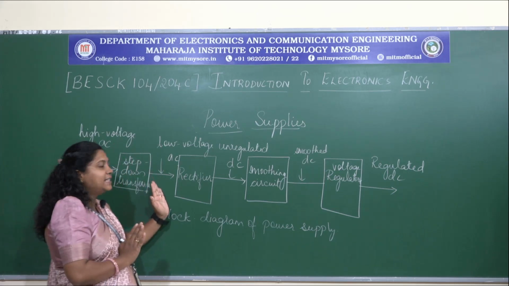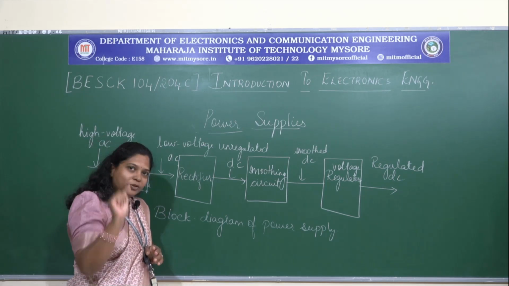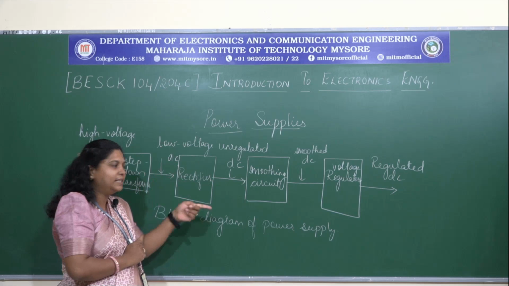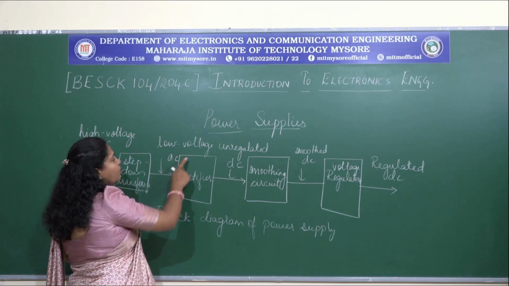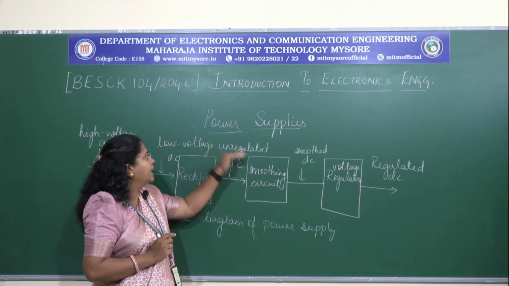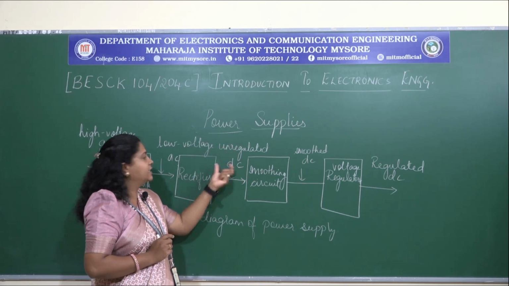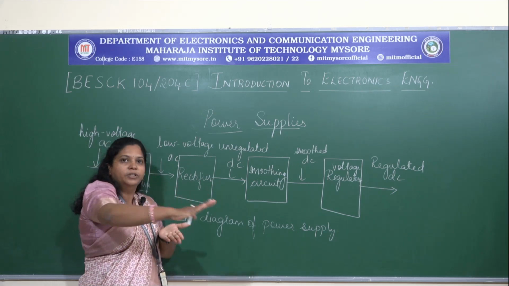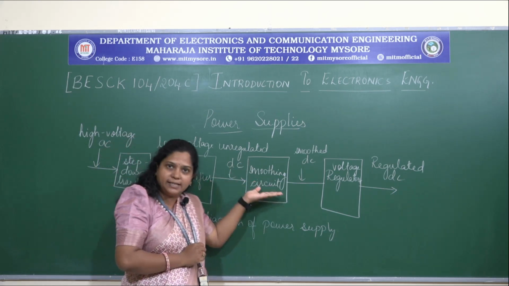Now this AC is not required because we are going to make use of a battery in our mobile, so we need to convert it into DC. That is why the low voltage AC is converted into an unsmoothed or unregulated DC by a rectifier circuit. In order to smoothen the waveform, suitable smoothing circuits have to be used.